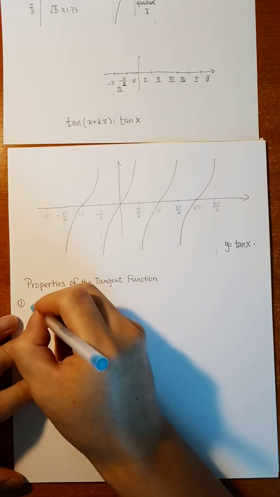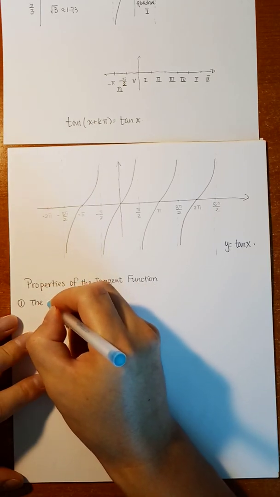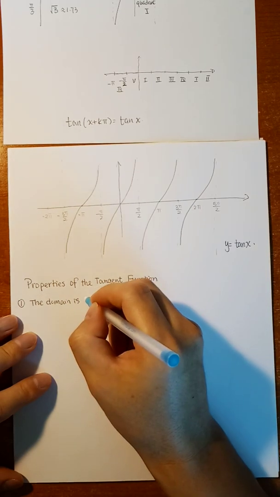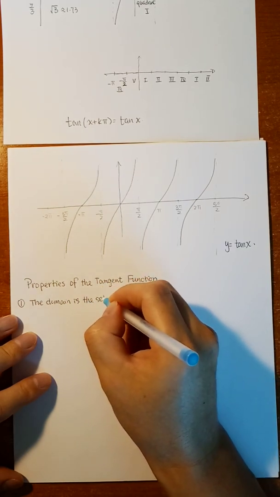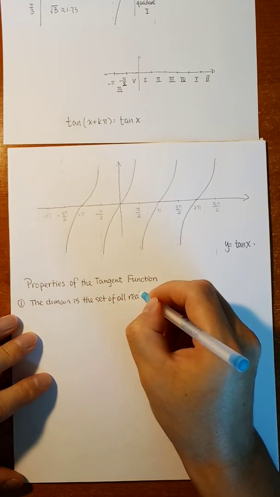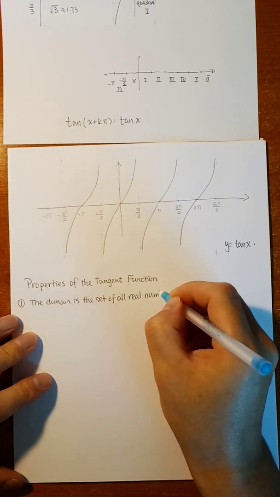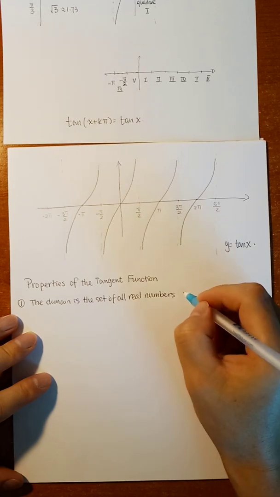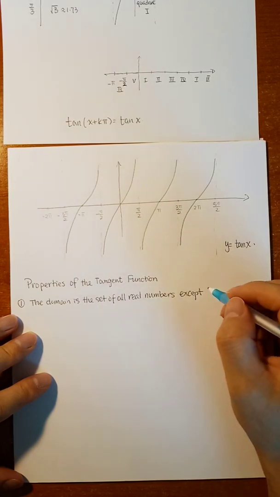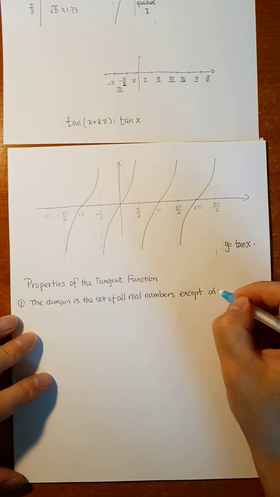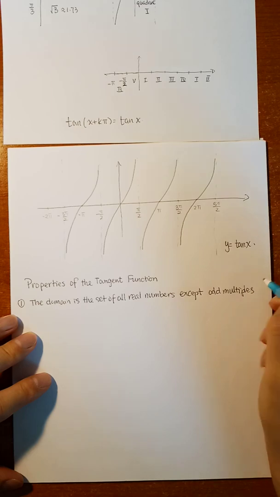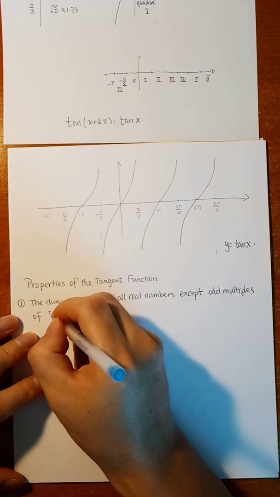First, the domain is the set of all real numbers except odd multiples of pi over 2.